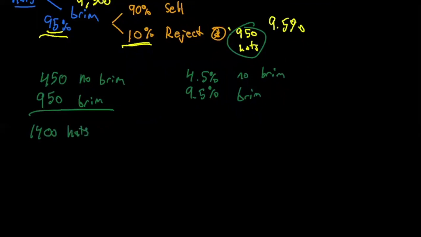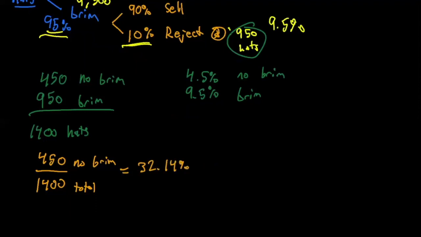And out of those 1,400 hats, 450 of them have no brim. Out of 1,400 total. So out of all the hats in the reject pile, 450 of them have no brim, which we could divide and come up with a percentage. We end up with about 32.14% of the hats in the reject pile have no brim.